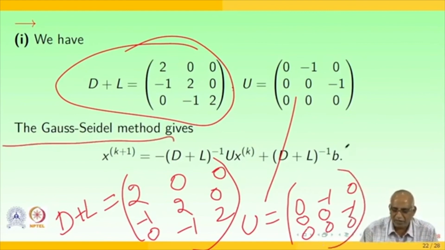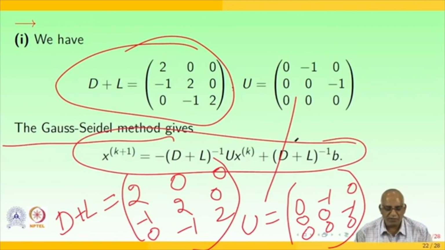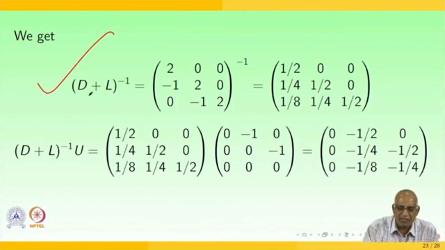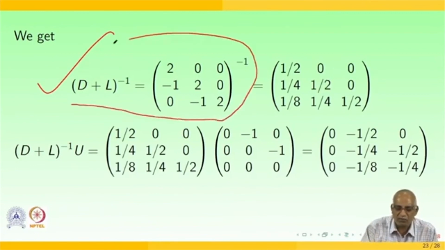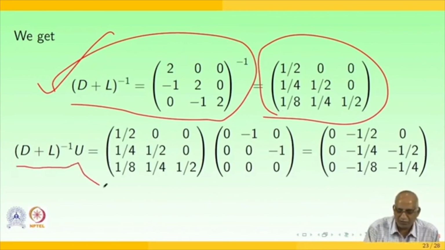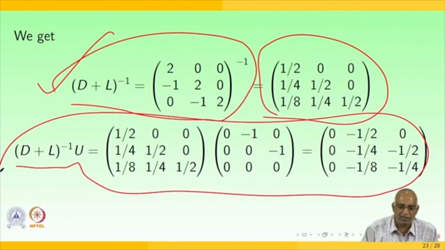The Gauss-Seidel method gives you x of k plus 1 is equal to minus (D plus L) whole inverse U x of k plus (D plus L) whole inverse times b. So we get (D plus L) whole inverse as this one, and (D plus L) whole inverse times U, you arrive at this matrix.